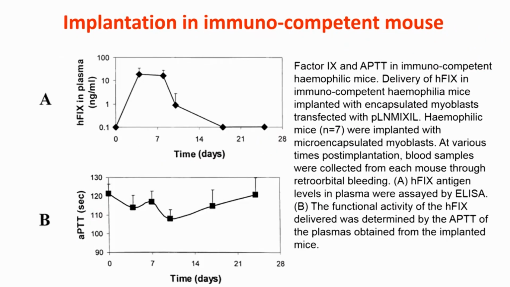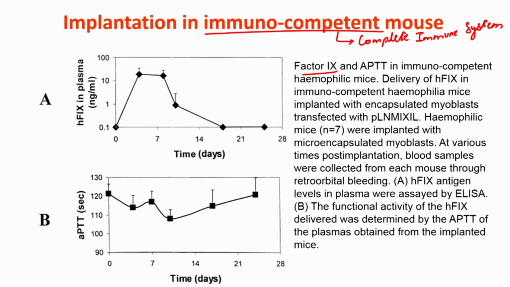So, what happens in an immunocompetent mouse? An immunocompetent mouse is fairly a healthy mouse, where the complete immune system is present. But it still has hemophilia, and so now they do the same thing again, and what they see is the factor 10, the H-fix I was talking about earlier.